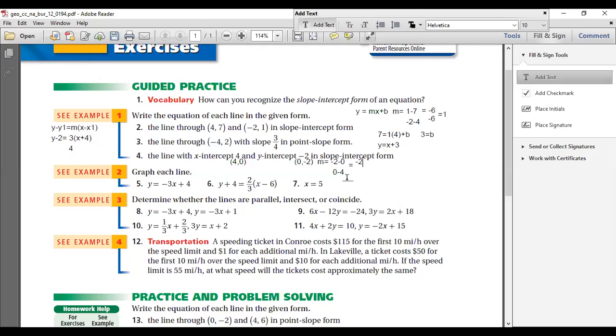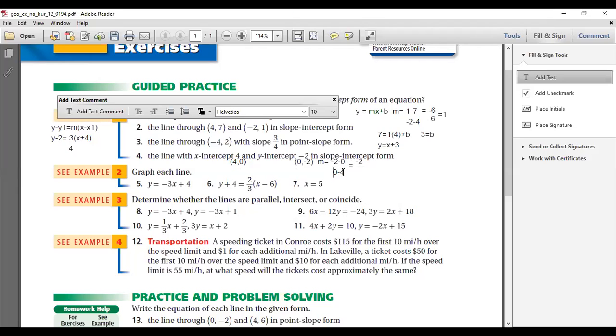Then 0 minus 4 gives you negative 4. Now the negatives will get cancelled, of course. Also, you can still simplify this, right? We have found enough slopes.